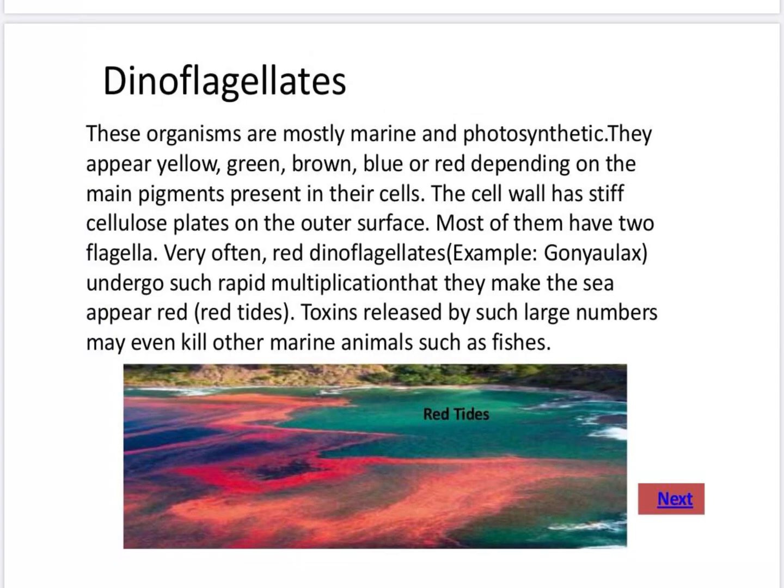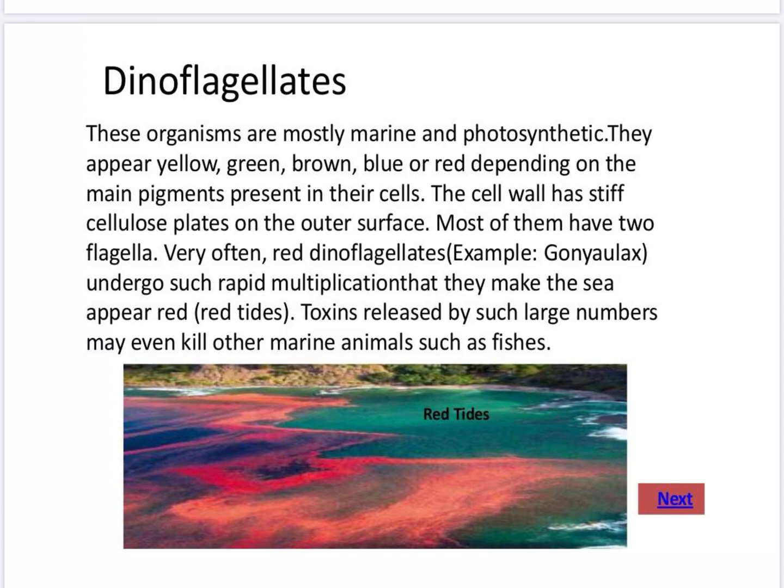Some marine dinoflagellates show bioluminescence, exhibiting natural light from their body, which we can't do, as I said. Remember this again for CBSE and all the competitive exams. Bioluminescence is exhibited by dinoflagellates of protistans.